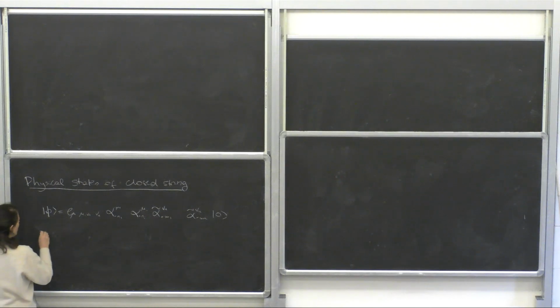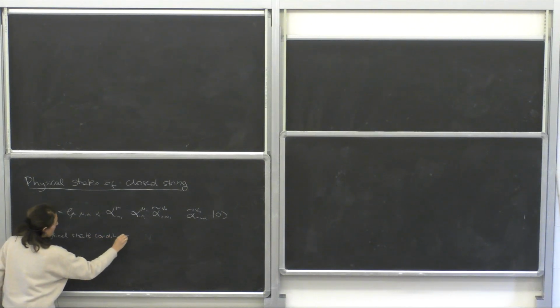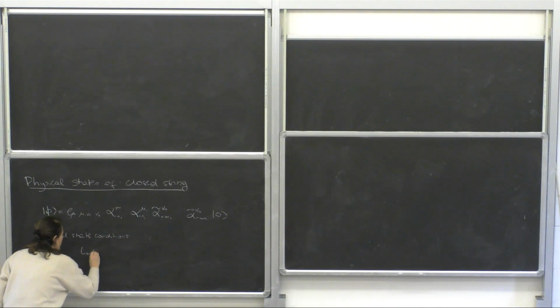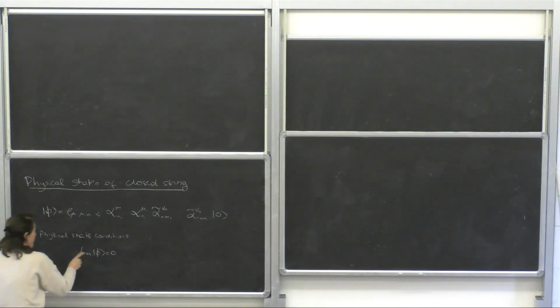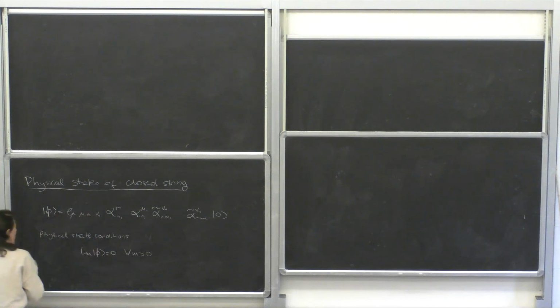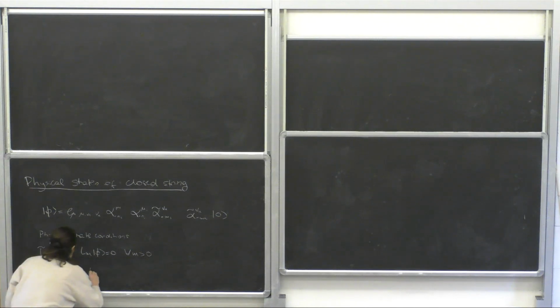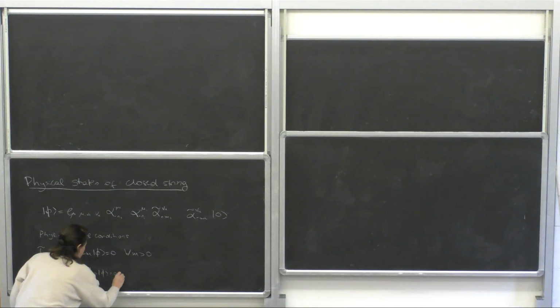And the physical state conditions are just two copies of the ones for the open string. So L_m phi equals 0 for all m greater than 0, and L tilde m phi equals 0, L tilde 0 phi equals a phi, L0 phi equals a phi.